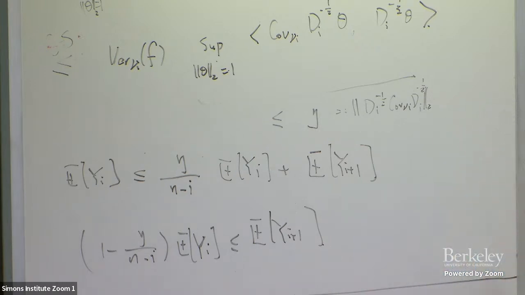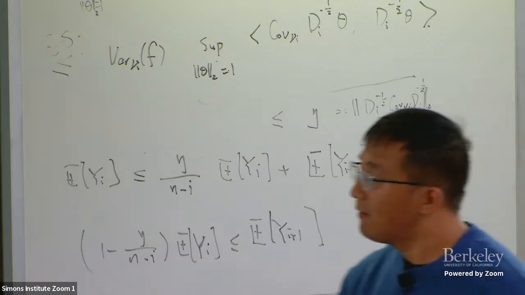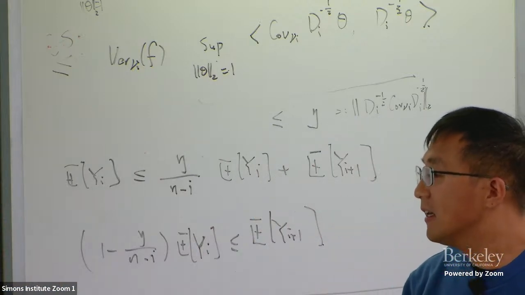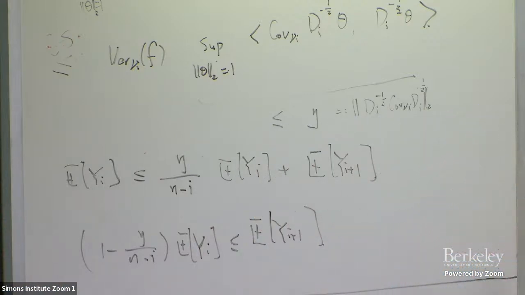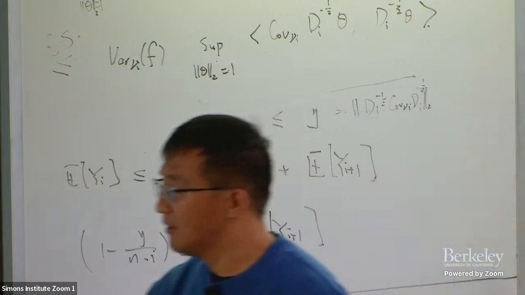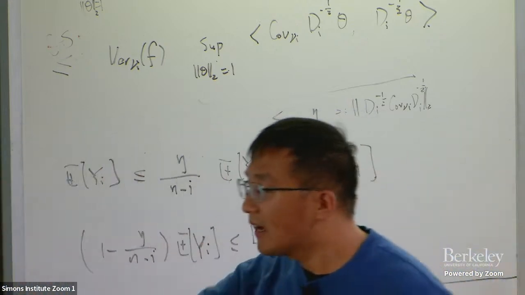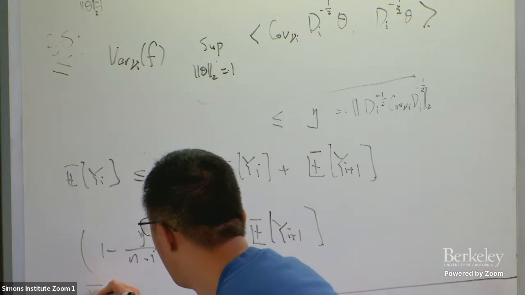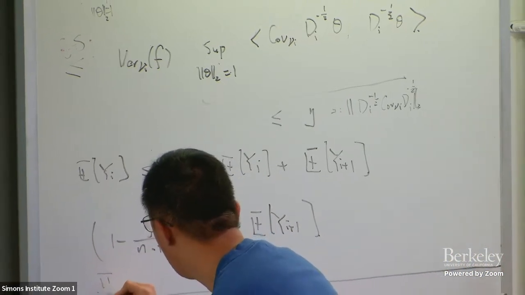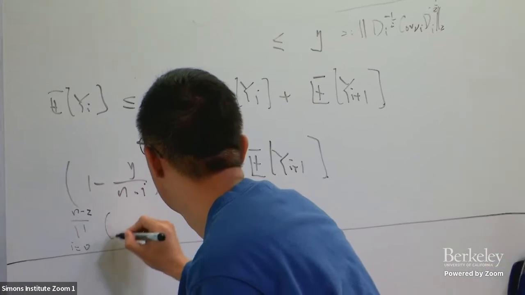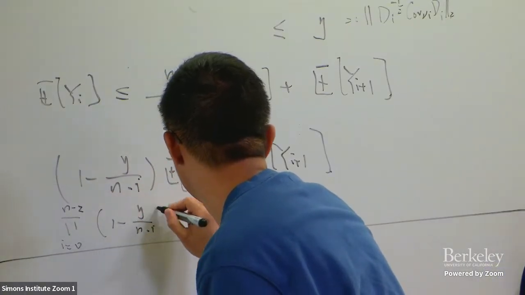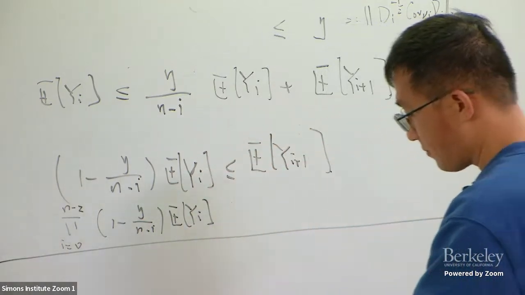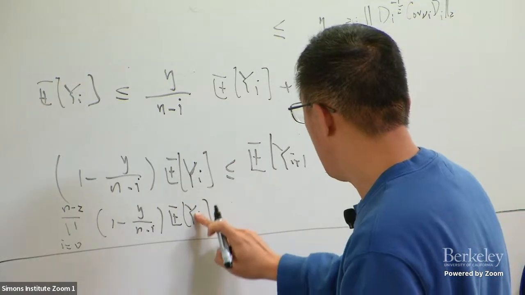Okay, then you have this type of inequality relating the i's variance and the i plus 1's variance, and how do you get a spectral gap bound? You just take a product of all these inequalities, and you'll get something like the product of i equals 0 to m minus 2 of 1 minus eta over n minus i, times the expectation of y_0.